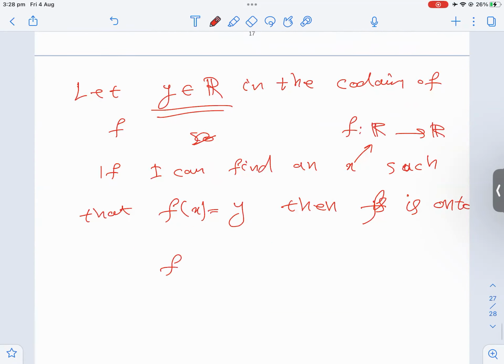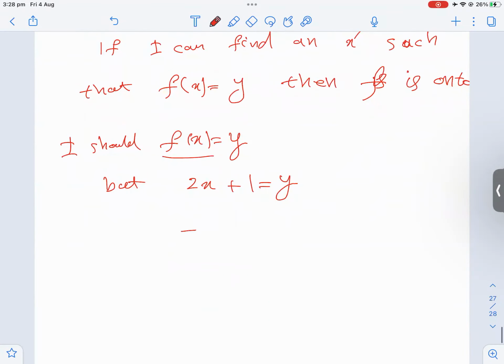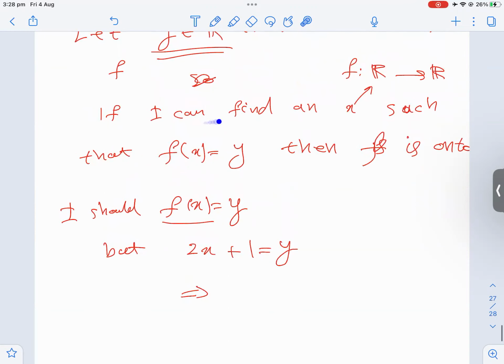But f of x equals 2x plus 1 equals y. From here, I should find x. If I find x, then this will hold, and we will be able to say that f is surjective.